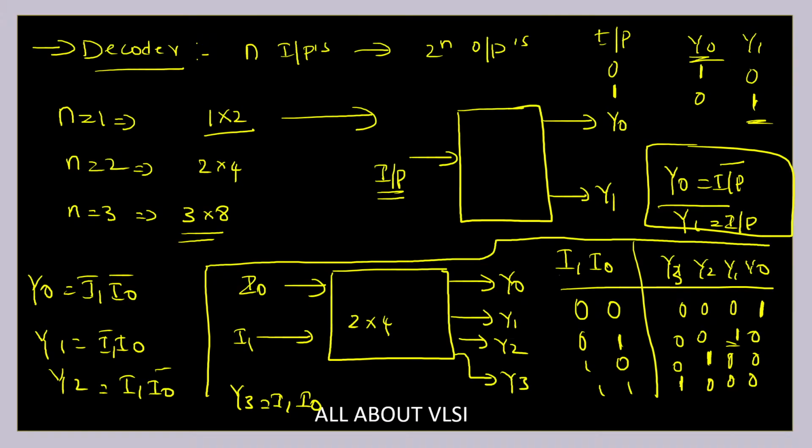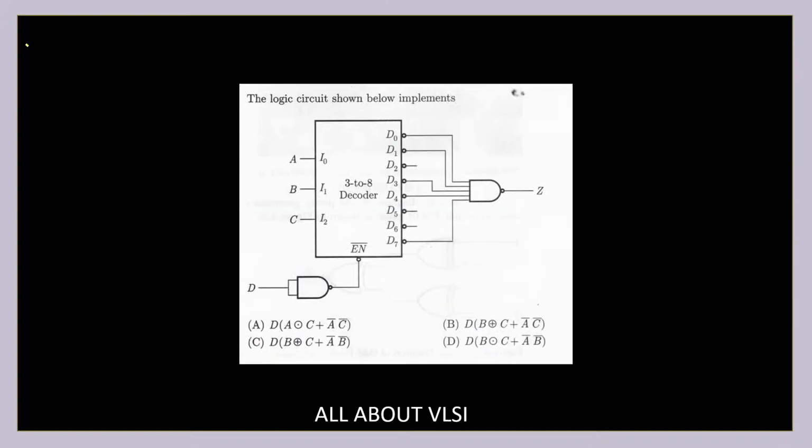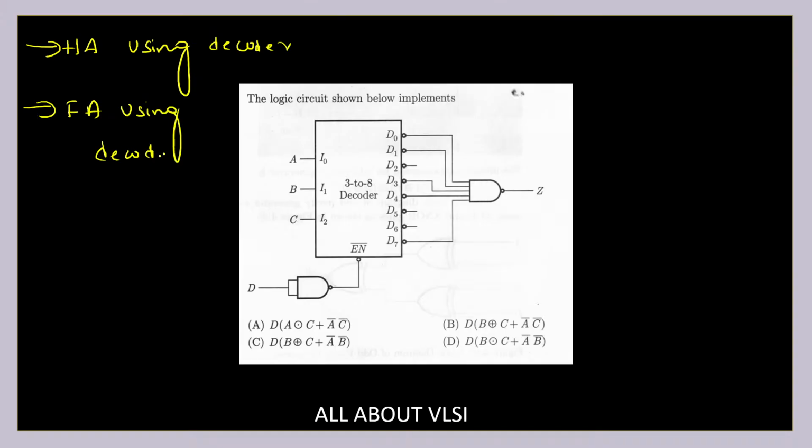The decoder is a very easy thing which we are going to use, but the problems on this particular decoder are very good. And you might get some questions like implement a half adder using decoder, or implement a full adder using decoder, or implement some kind of random Boolean expression, or implement some function in terms of minterms 1, 3, 4, 5 using decoder.